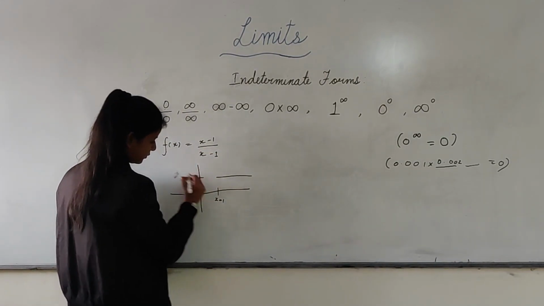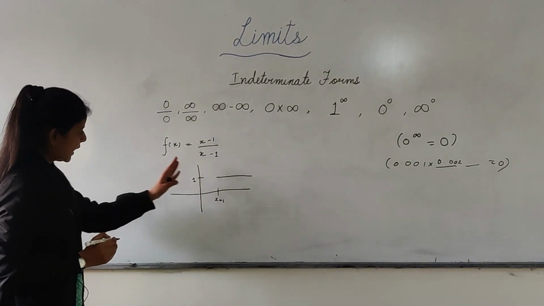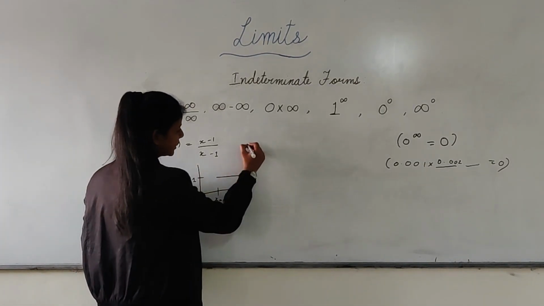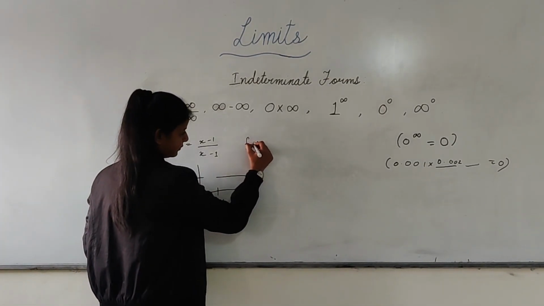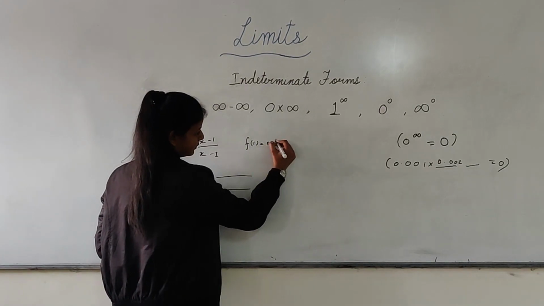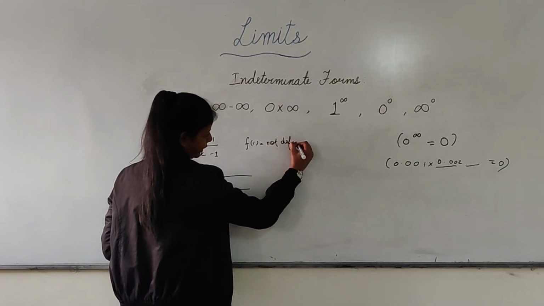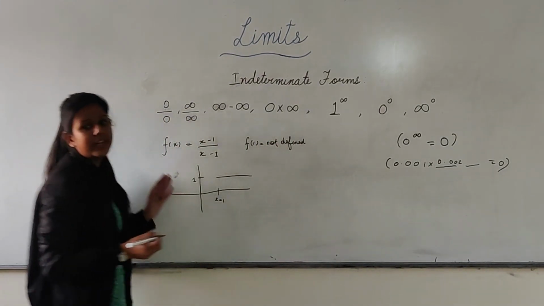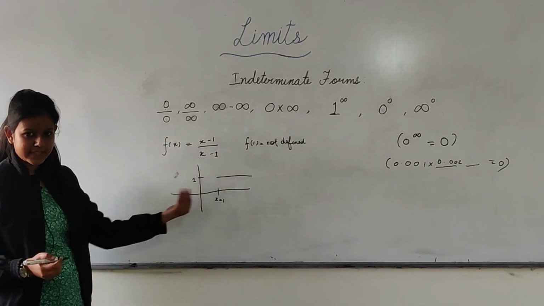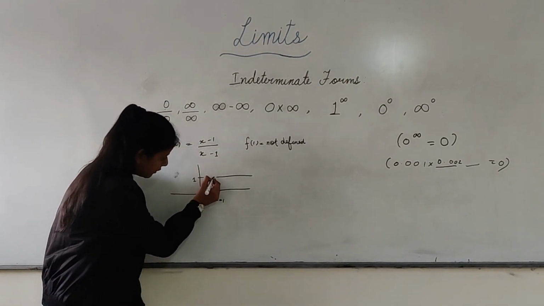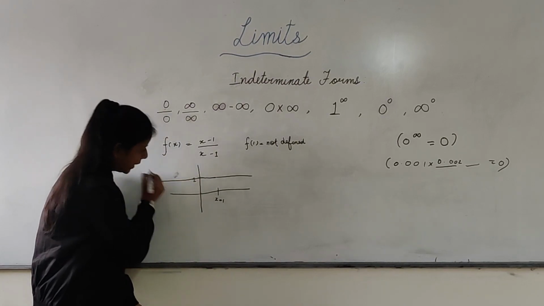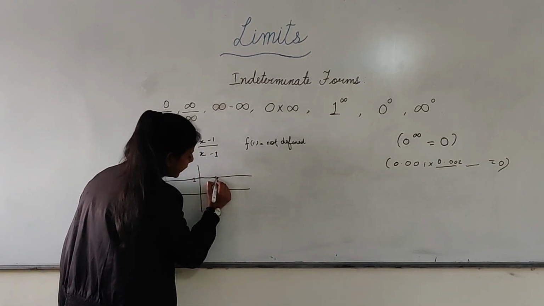And at x equals to 1, the function is not defined. So, by checking when x is less than 1, we get y equals to 1. But there is a hole in it.